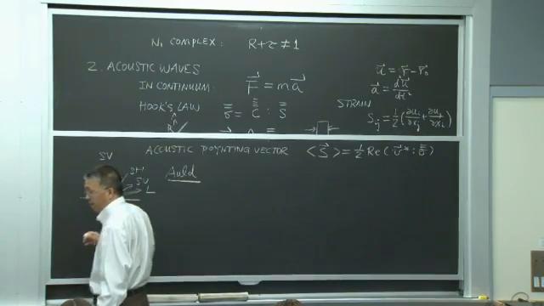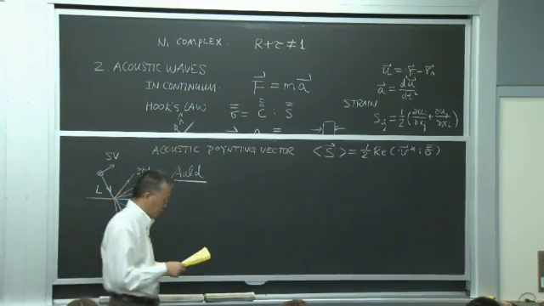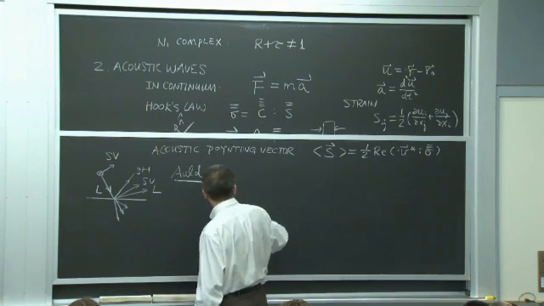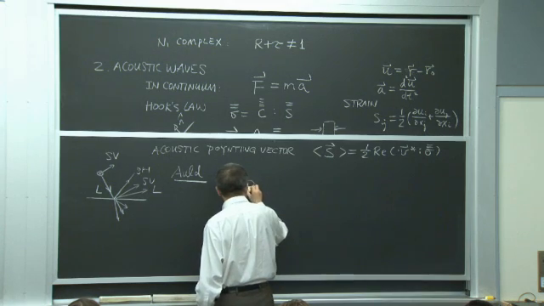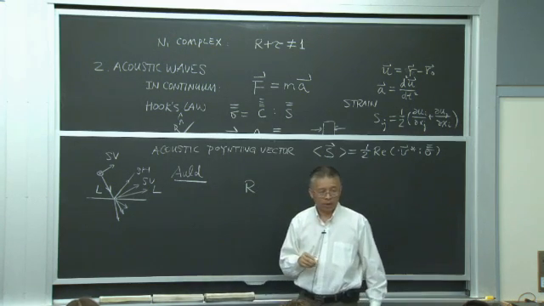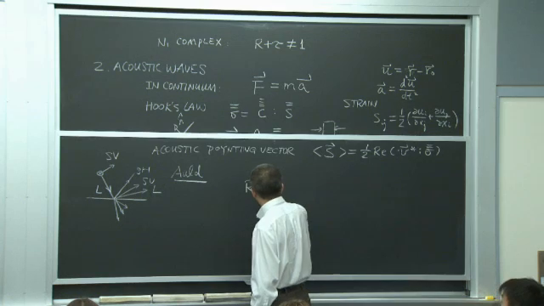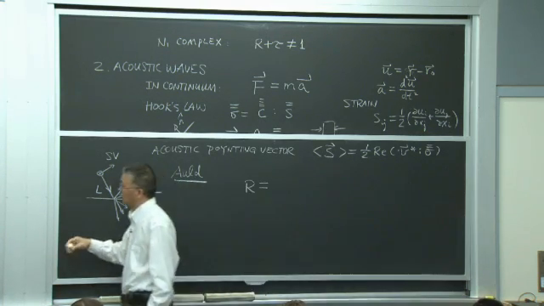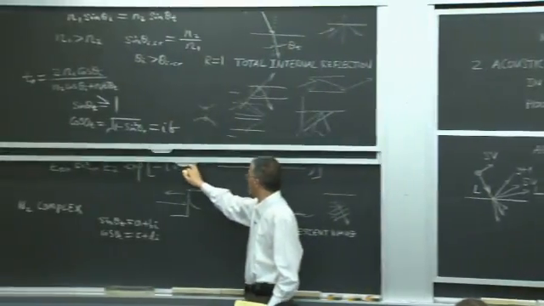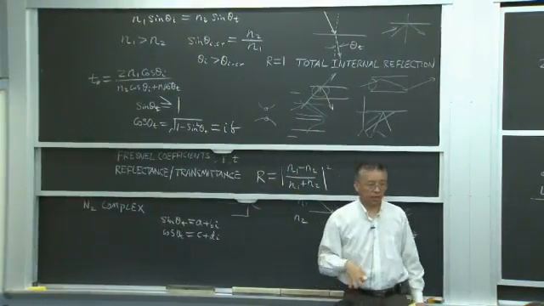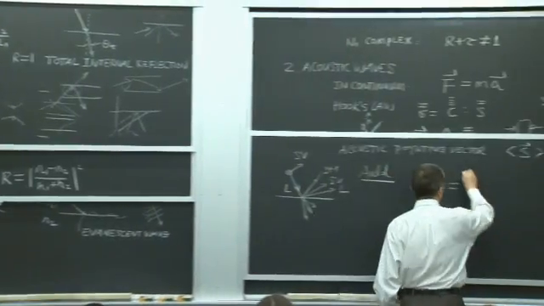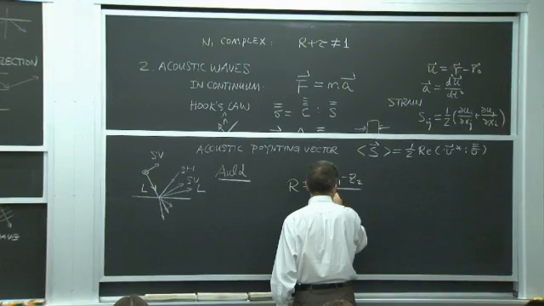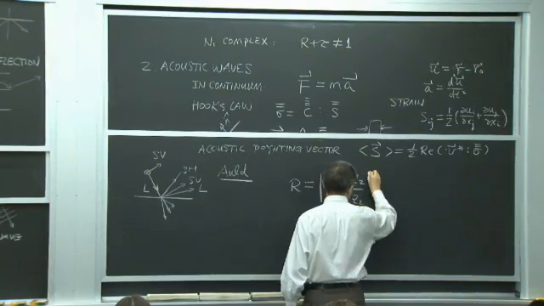Okay. And now, I'm not going to give you any angular relation, but the reflectance of an acoustic wave at normal incidence is very similar to the reflectance of an optical wave at normal incidence, and the same as for electron waves at normal incidence. So the reflectance is (Z1 minus Z2) over (Z1 plus Z2), squared.